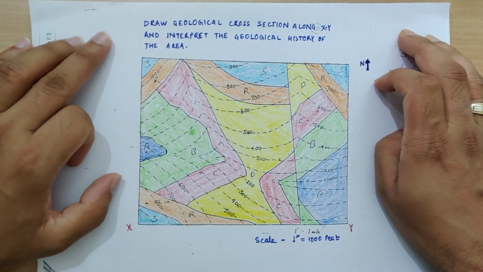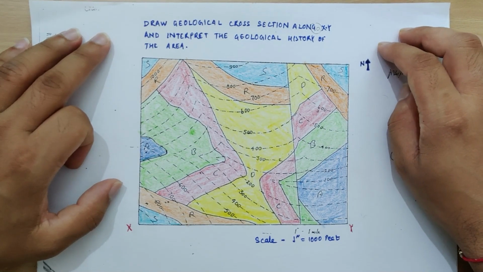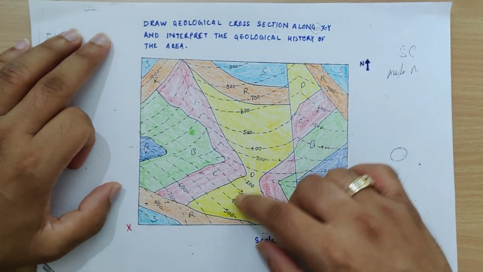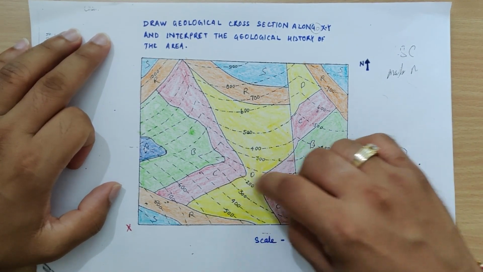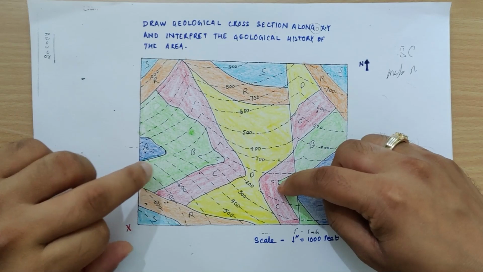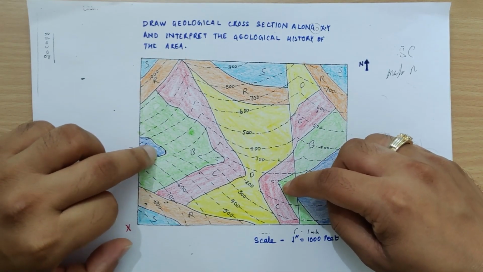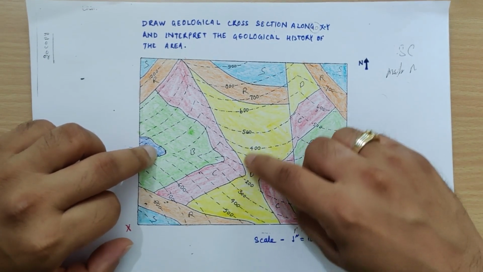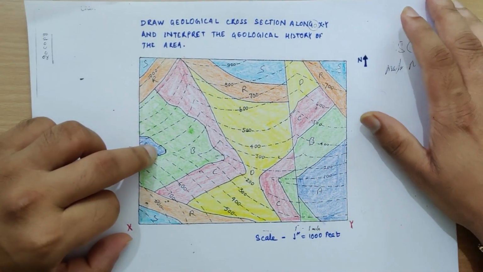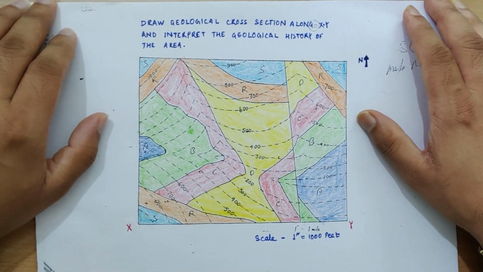Now what are the structures that are present in this particular area? We can see that this is bed number D, and in both directions of bed D we have bed C, then bed B, then bed A. This type of pattern is known as cyclic pattern, and it is represented by folds in any area.